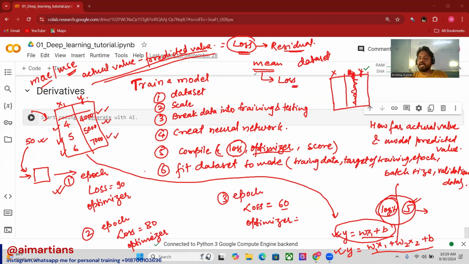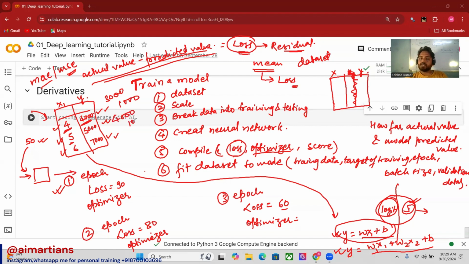So what happened? When my model ran its first epoch, internally it was asked what should be the salary for 4 years. My model is saying 3,000, which is far away from this point, right? So the loss is 1,000. Similarly, for a 5 year candidate, it is saying, let's say, 4,000.